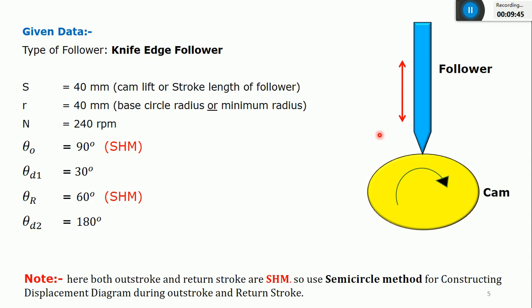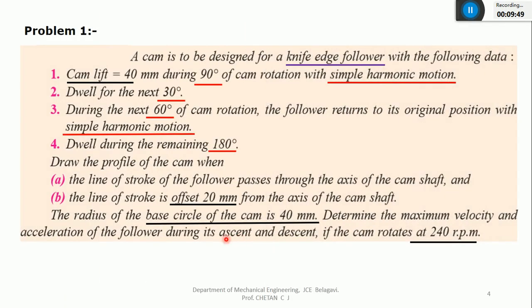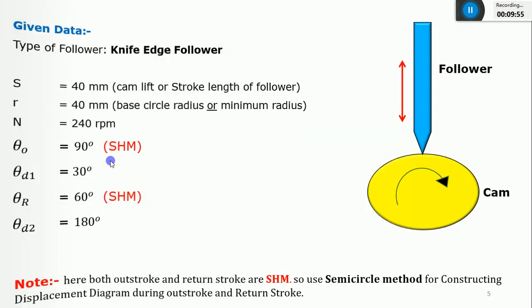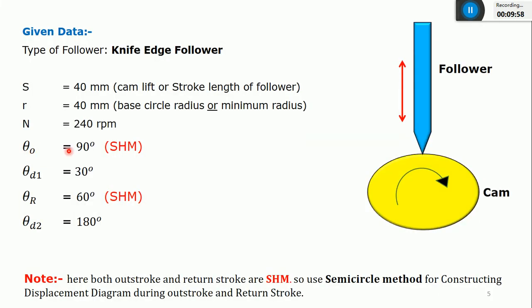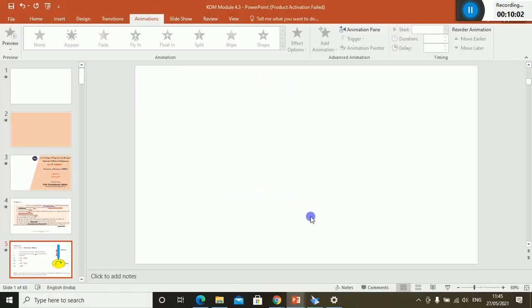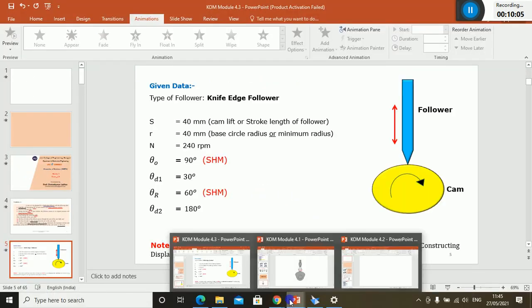Ascent also. All are the same. So here you can see ascent or the upward motion or the outstroke, all are the same. Just to be indicated with a suffix O. Before that I'll show the animation once again because most of the students were absent for the previous class.